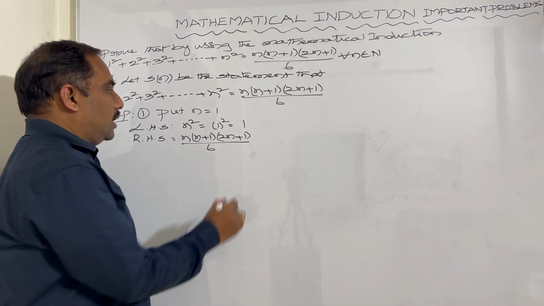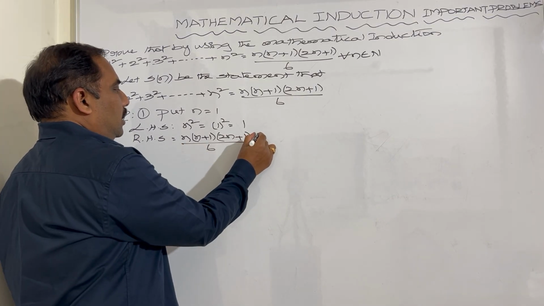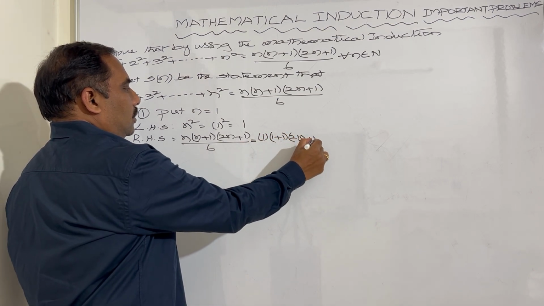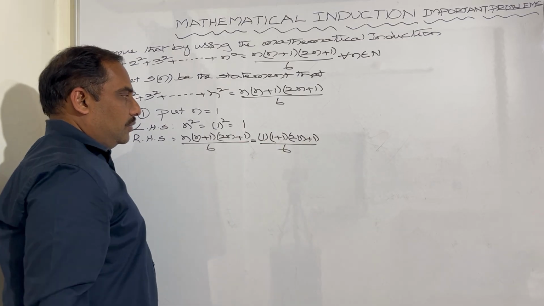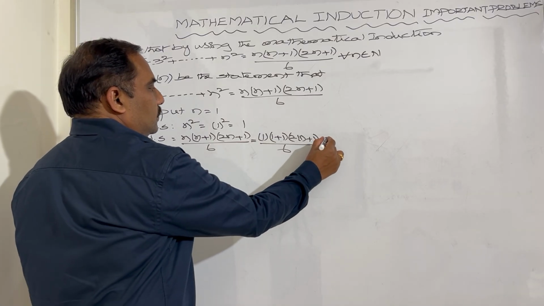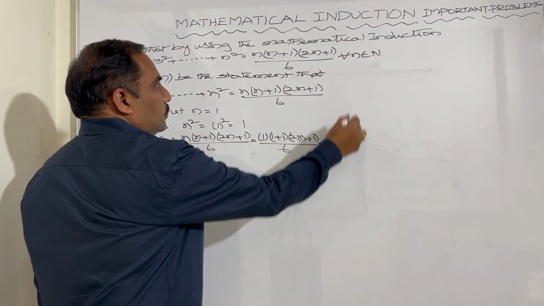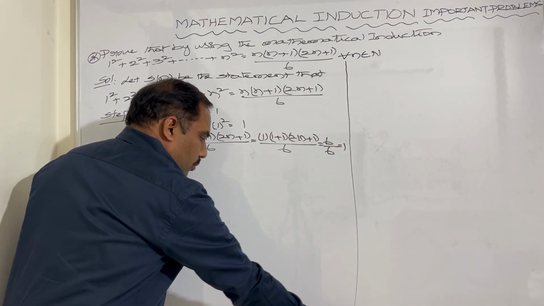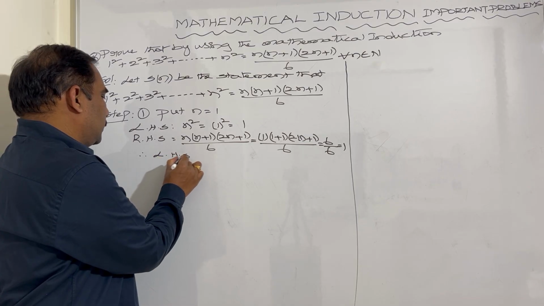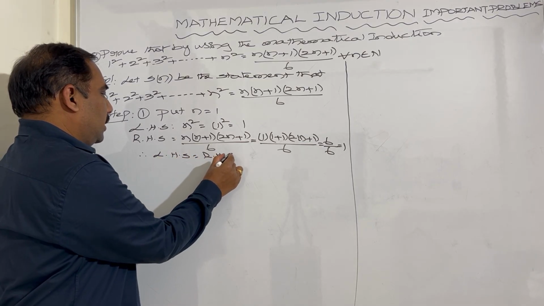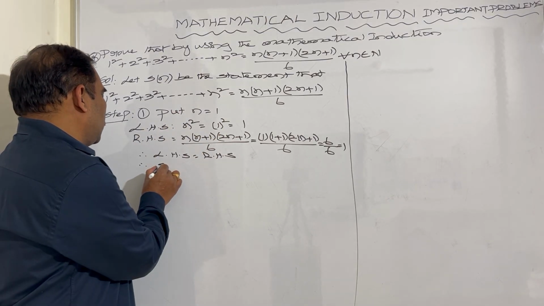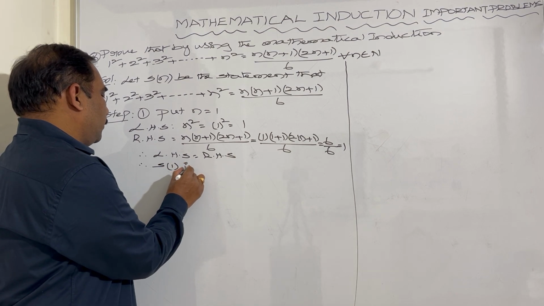If you substitute n is equal to 1, then 1 into 1 plus 1 into 2 into 1 plus 1, whole divided by 6. Now 1 into 2 into 3 is 6, so 6 by 6, we get 1 here also. Therefore LHS is equal to RHS. When LHS is equal to RHS, the statement is true for n is equal to 1. Therefore S of 1 is true.